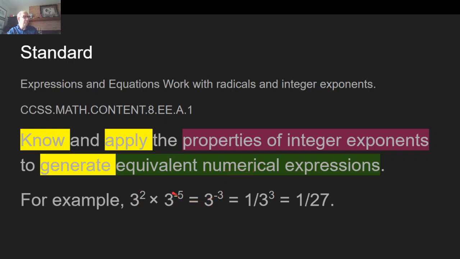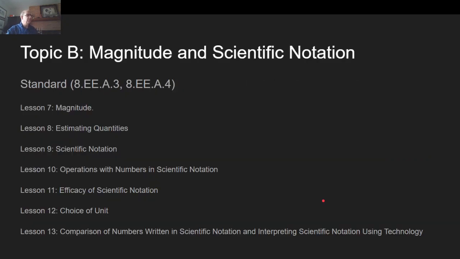So this is an expression on this side of the equal sign. This is an expression on this side of the equal sign. And the equal sign says they're the same. They just look different. This could also be equivalent to 1 over 3 to the power of 3, which is 1 over 27, or 1/27. All right, so let's take a look at those a little closer.